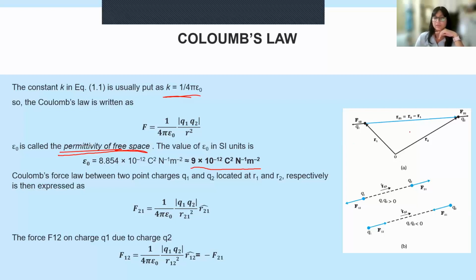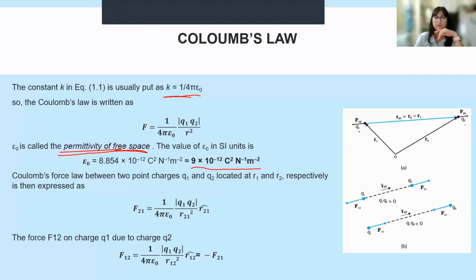So that is why we have this r21, the unit vector that is along the direction of the electric force acting on charge Q2 because of the presence of charge Q1.